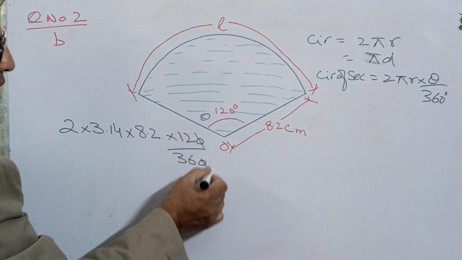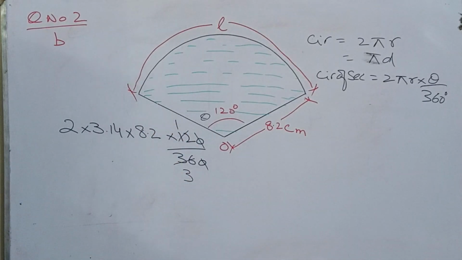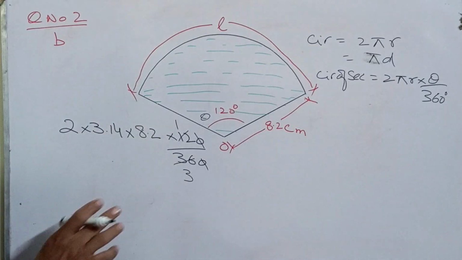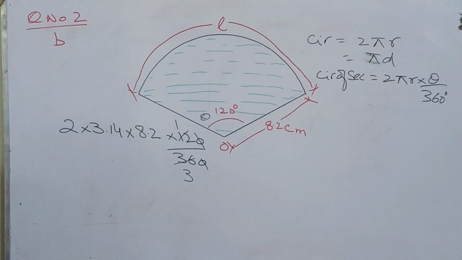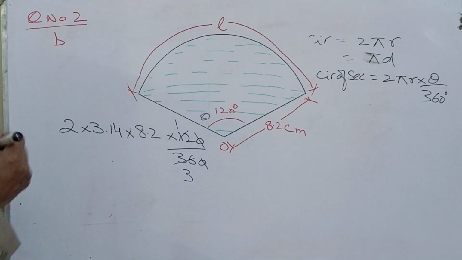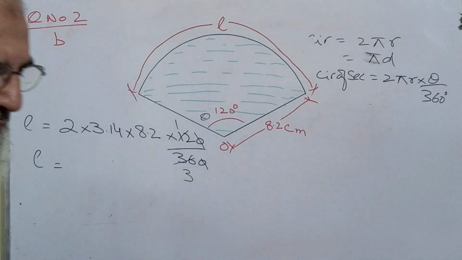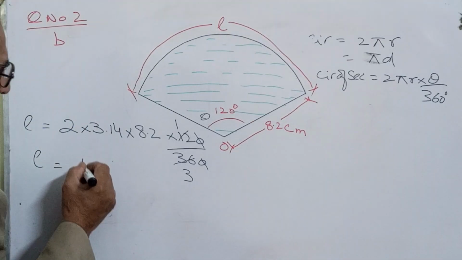Now this 0 goes with this one. 12 times once and 12 three times. Any other thing which we can simplify? I think we don't have anything else to simplify here, so we have to use the calculator. Now my dear students, this L is equal to 17.16 centimeter.